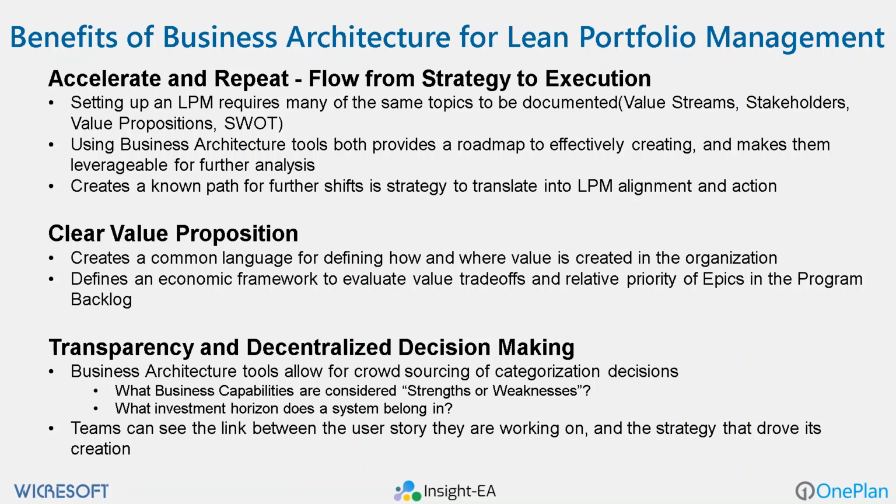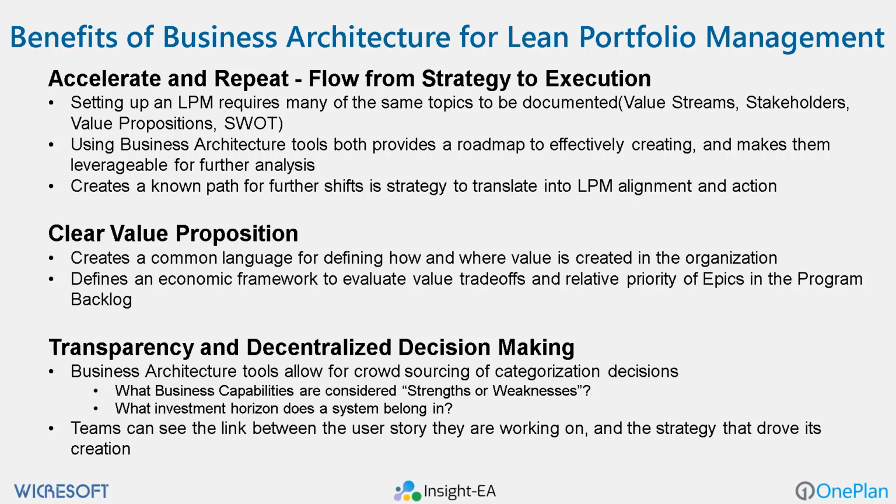So, for example, in creating your lean portfolio management and setting it up, right? Vernon showed the business outcome-driven enterprise architecture. That model creates a flow from strategy into lean portfolio management if you follow it, right? And so using that is a way of building in quality to your lean portfolio management.